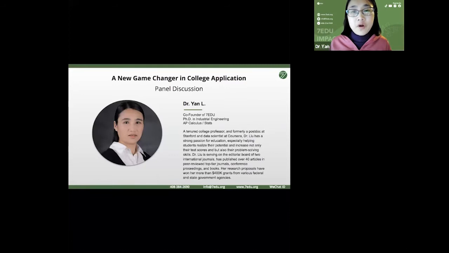For the other science subjects, as Mary also mentioned, AP Biology, sometimes we have to consider areas that are not our interest but we have to take courses in order to satisfy the school requirement. So probably you want to take the easier one. Compared to AP Chemistry, AP Biology is easier because it's more conceptual and involves more memorization.